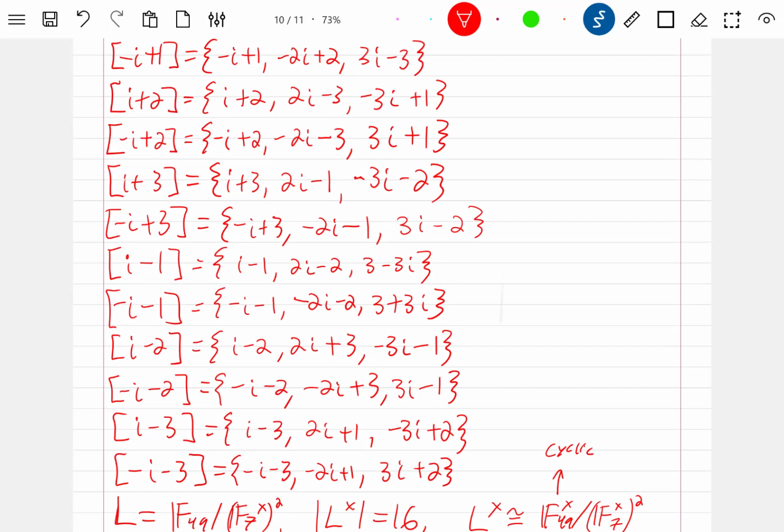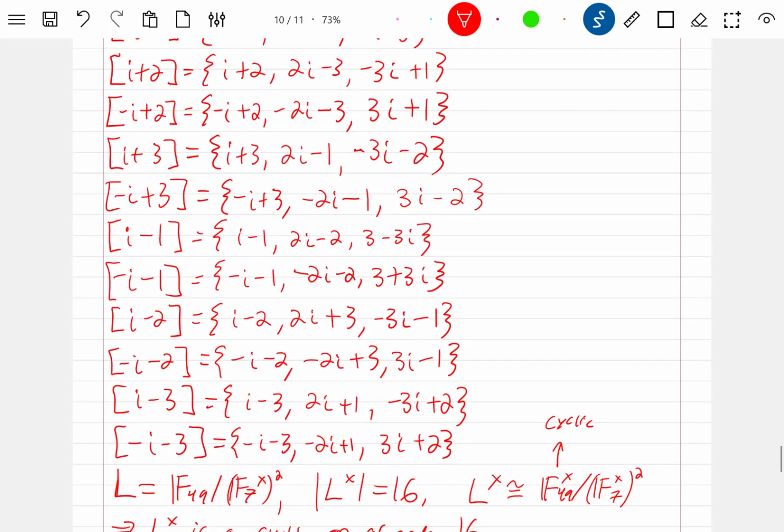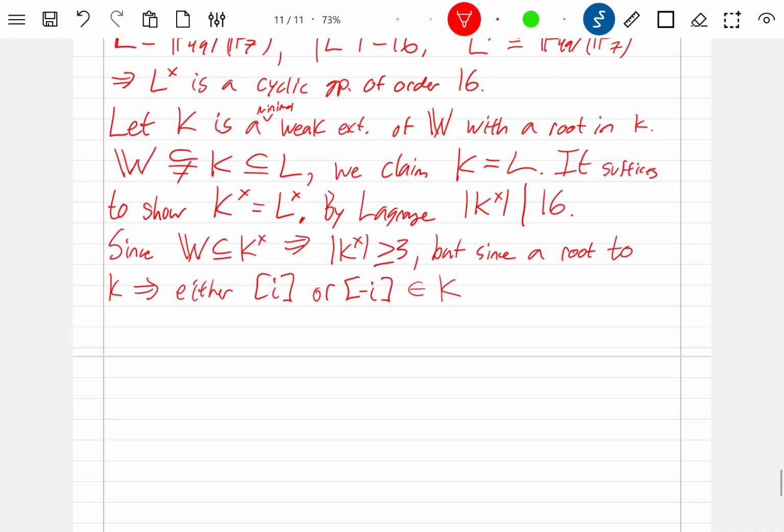If you square all of these elements, one can check I and minus I. These are the only things that square and have -1 still in their set. So we know we have to have one of these as a fourth element.